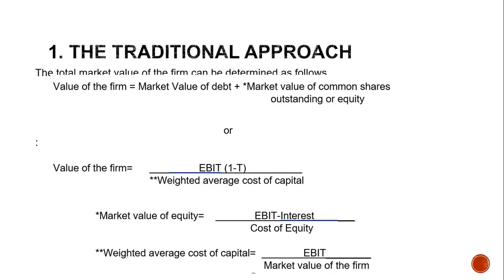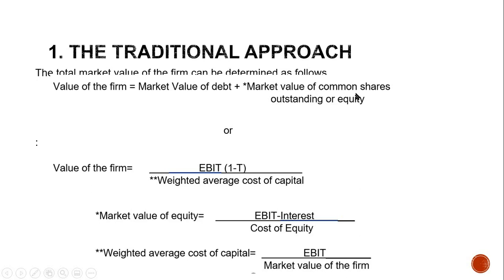Now, the total market value of the firm can be determined as follows. To compute the total market value of the firm, the value of the firm is equal to market value of debt plus market value of common shares outstanding, or equity. So, yung sinasabi niya dito na market value of common shares ay the ordinary shares.